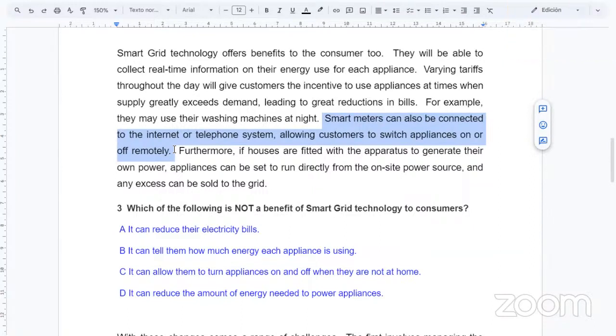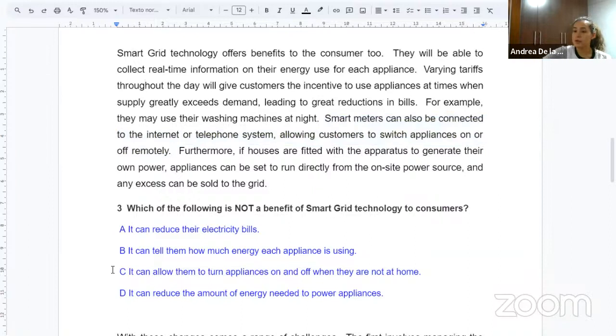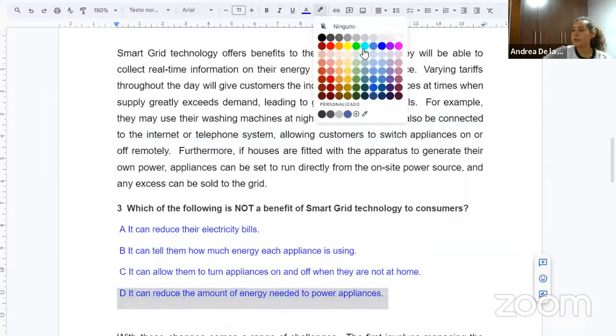C, maybe? Exactly. Switch appliances on and off is basically turning them on and off, right? And they're not at home, remotely. So yes, the only one that's not a benefit is reducing the amount of energy needed to power appliances, option D. Correct. You guys, any questions so far?